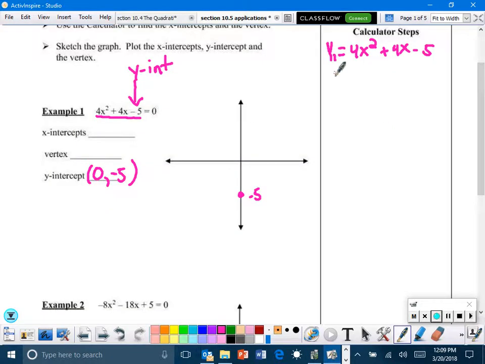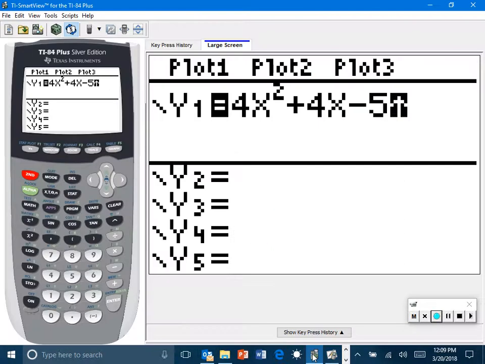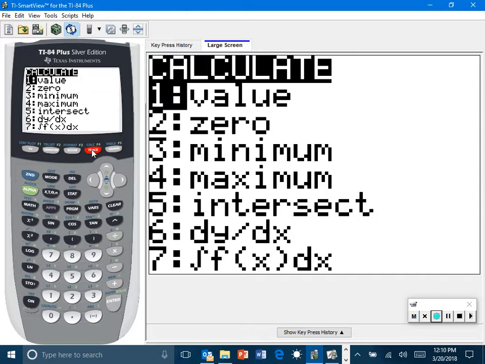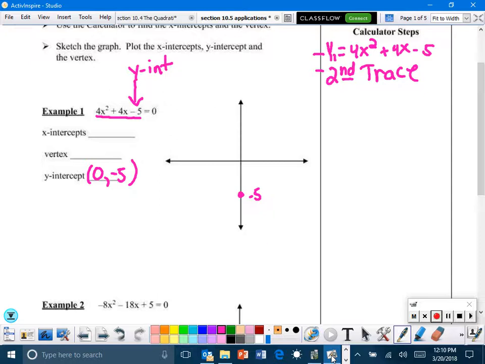Next, we're going to do second trace. Okay, back to the calculator. Second trace. And then you're going to get this menu. After we get that menu, we want to pick number 2, which says zero.